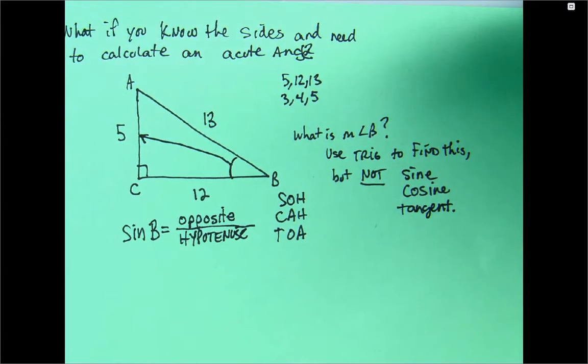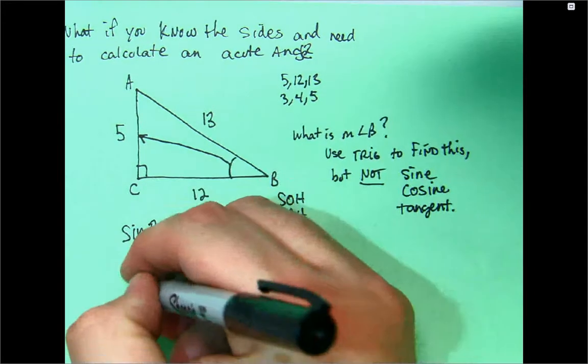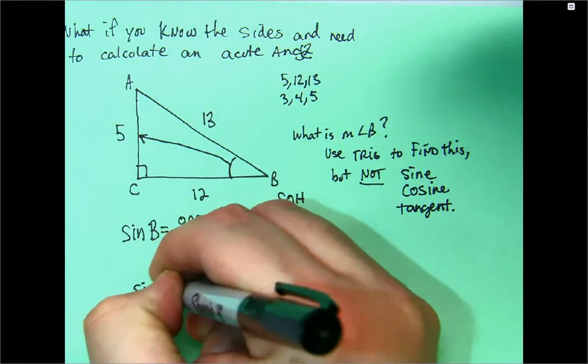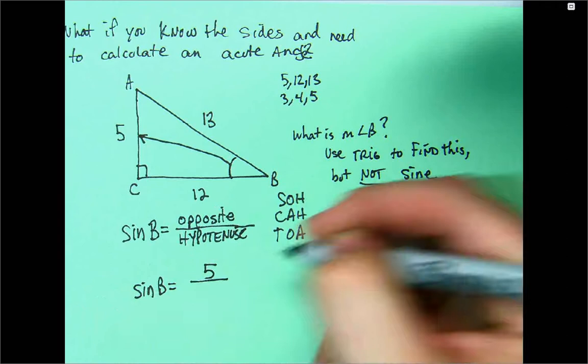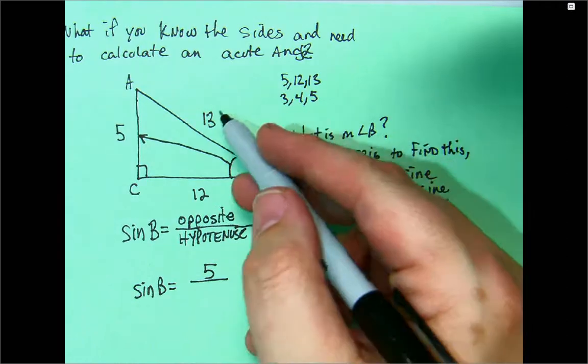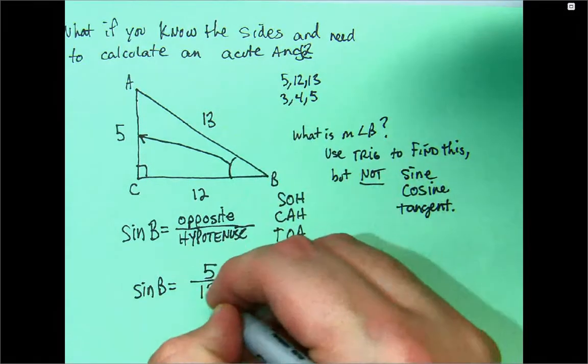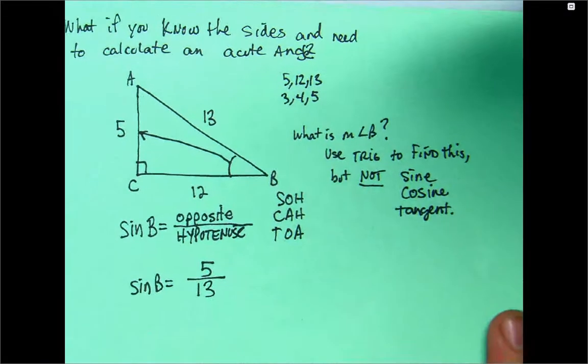Does anybody disagree that the opposite side is 5? Alright, so the sine of B is 5 divided by, well, what's the hypotenuse? 13. Well, this doesn't help at all.